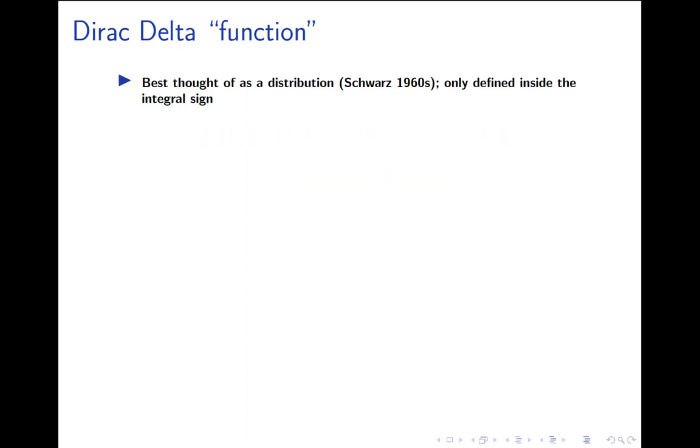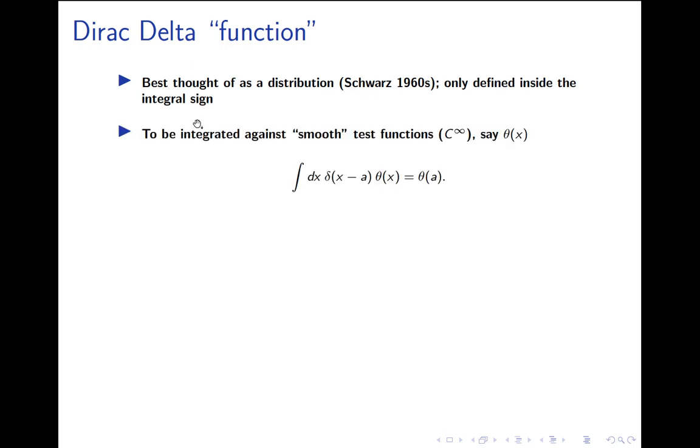So as I said, the Dirac delta is not actually a function. It is best thought of as something known as a distribution, and the mathematical machinery of this was invented by Schwartz. It is defined as a distribution or a generalized function, and the idea is that these are only well defined inside the integral sign, and they should always be integrated against smooth functions known as test functions.